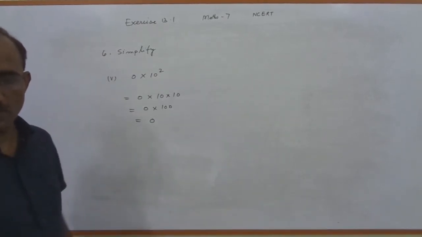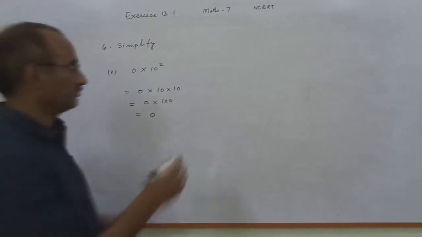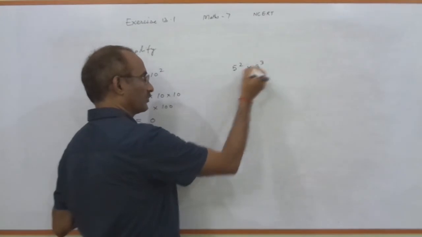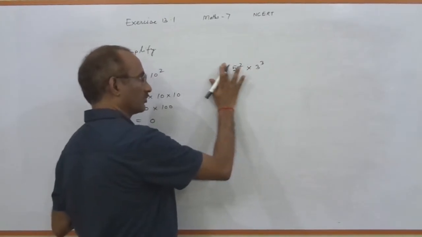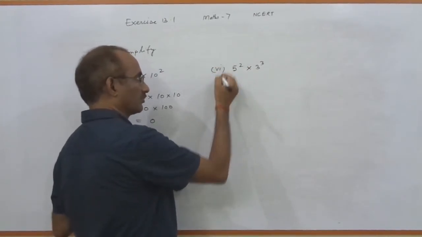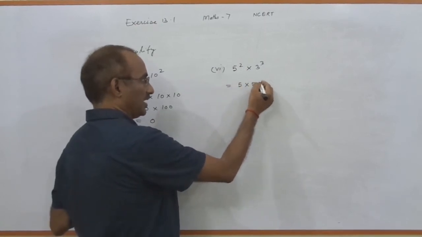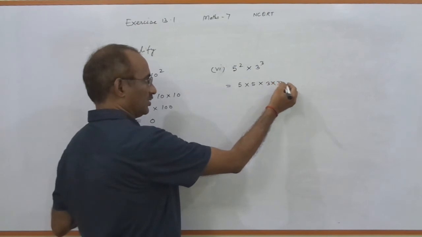Now question 6, 5 power 2 and 3 power 3. It can be written as 5 into 5 and 3 into 3 into 3.